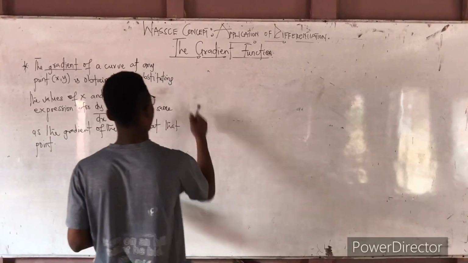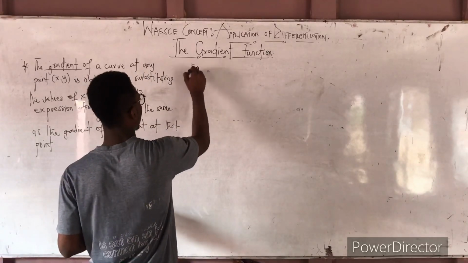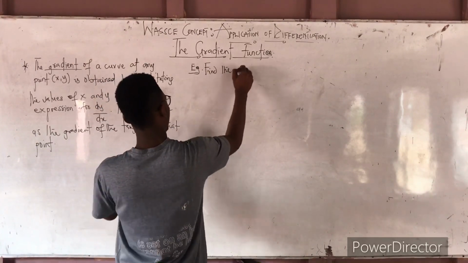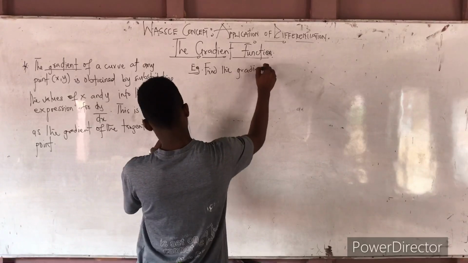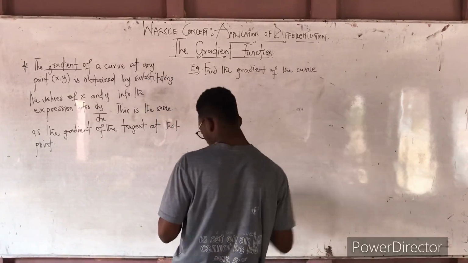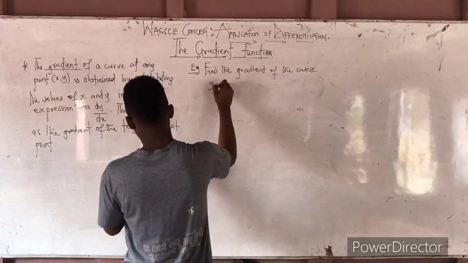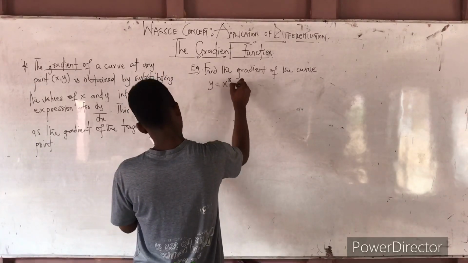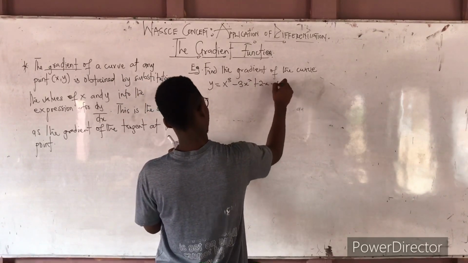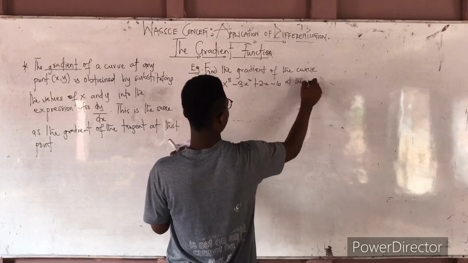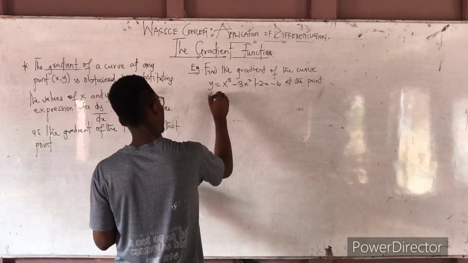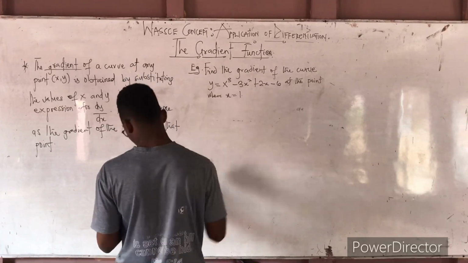Now the example says that you should find the gradient of the curve. Find the gradient of the curve y is equal to x cubed minus 3x squared plus 2x minus 6 at the point where x is equal to 1.